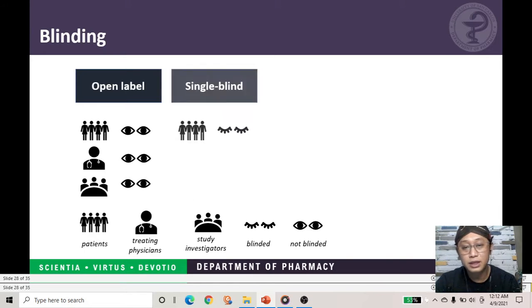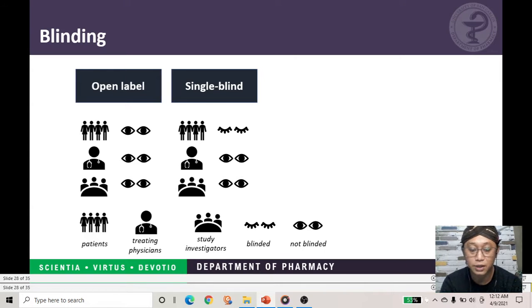In the single blinding, the participants do not know whether they are in the control group, placebo group, or intervention group, but the treating physicians as well as the panel of investigators know which patient is in the intervention and control group.